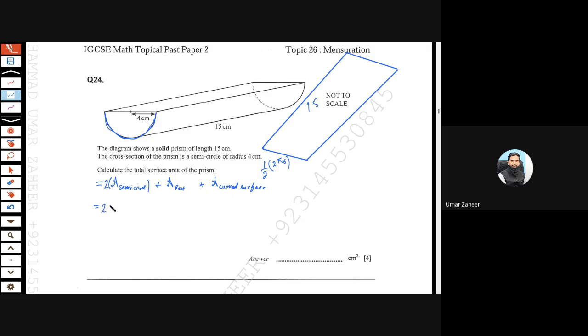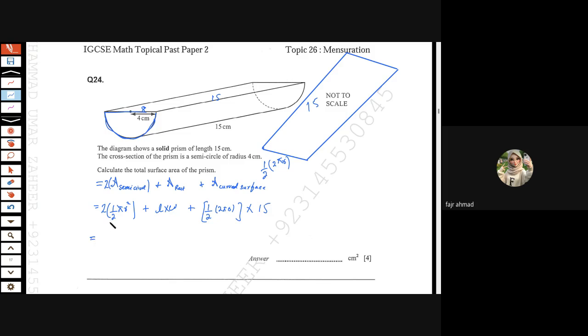The area of a semicircle is half of pi r square. The area of the rectangle: the total width will be 8, and the length is 15, length multiplied by width. Plus the area of the curve, which is basically a rectangle as well, that is 1 by 2 into 2 pi r multiplied by 15. Yes, everyone, is this statement clear?